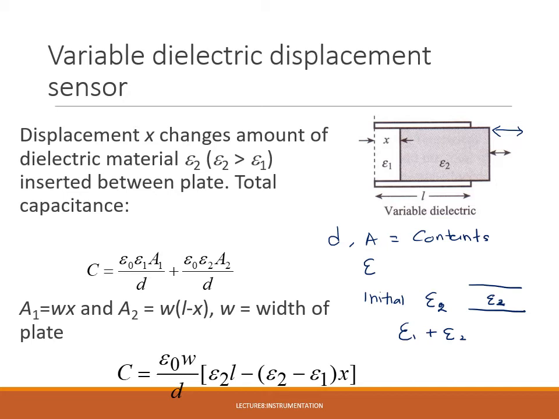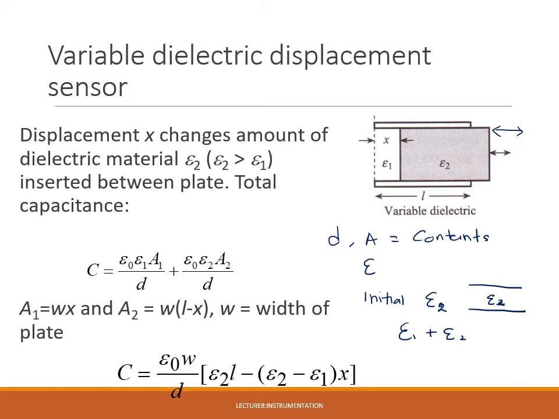Meaning here epsilon 2 is decreased by some x displacement, and the new epsilon, which is labeled here as epsilon 1, is around the x value also. Meaning we minus x of epsilon 2 but plus x of epsilon 1.